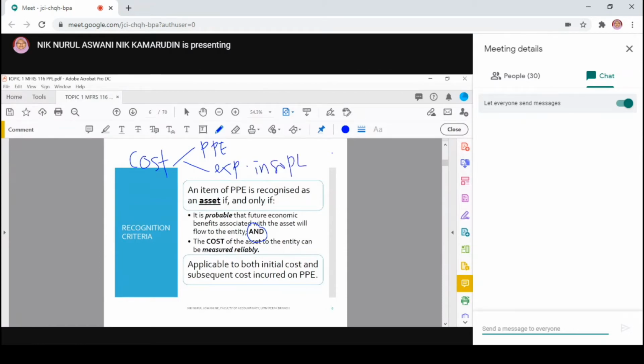So for subsequent costs to be included as part of PPE, you also have to test whether they meet the recognition criteria. All right, so let's look at the next one.